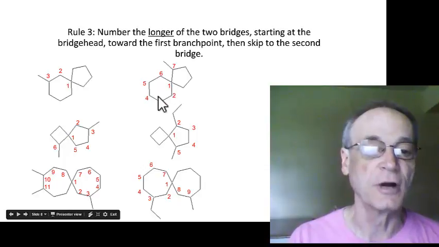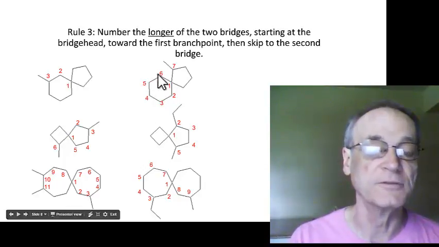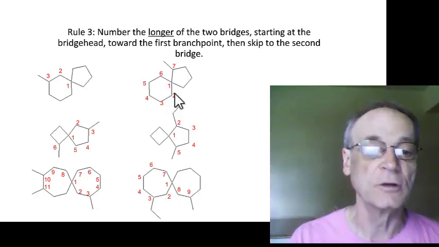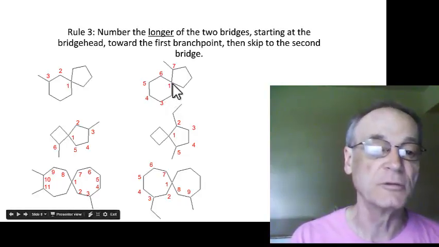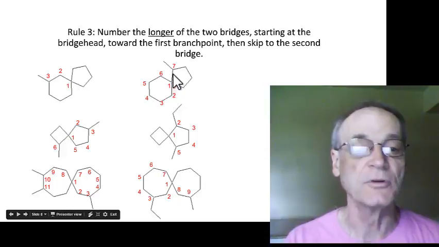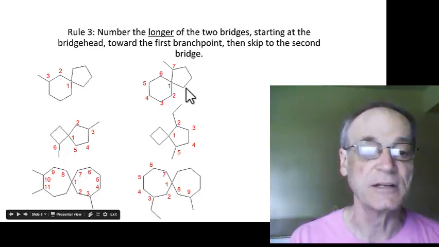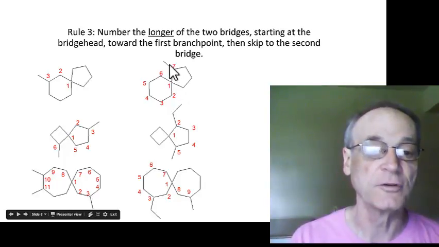And in this case, since there are no groups on the 6-membered ring, it doesn't matter whether we go 1, 2, 3, 4, 5, 6 as I've shown, or the other way. But in any case, once you get back to the original bridgehead, you don't give that a new number because it's already number 1, so you skip to the second one. So you're literally skipping that carbon right there, and you're going to call that number 7. The reason we call that 7 instead of that 7 is because it's closer to the first branch point.